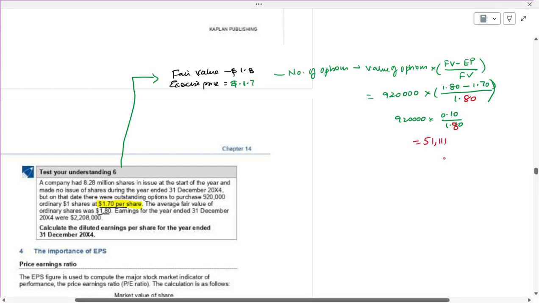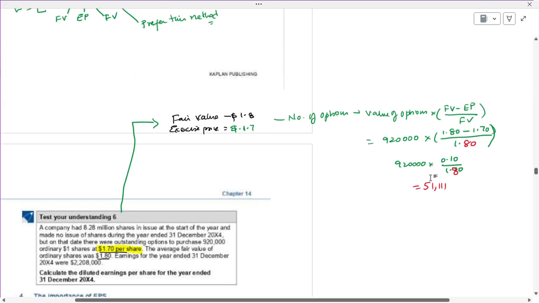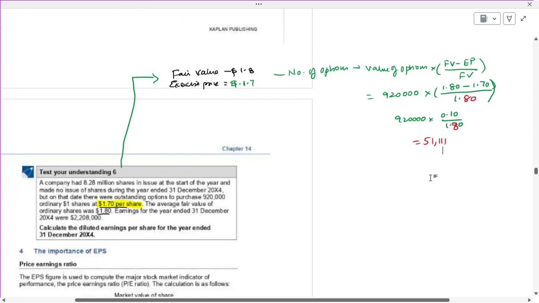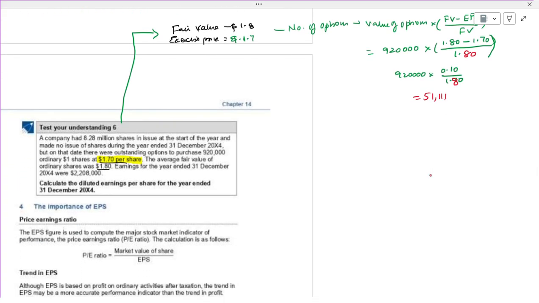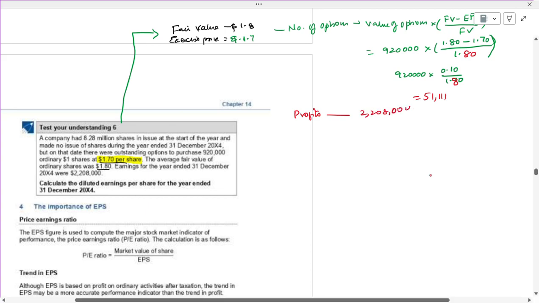Is it okay? Yes. We have what? How much are the profits? Profits are 2208. Revised shares are how much? Existing is 8.28.